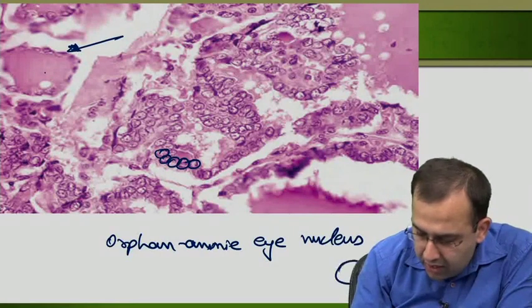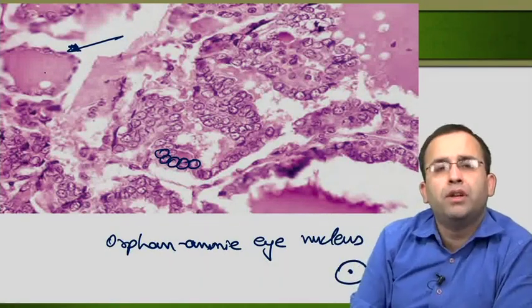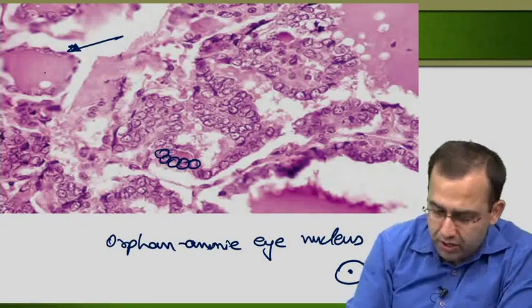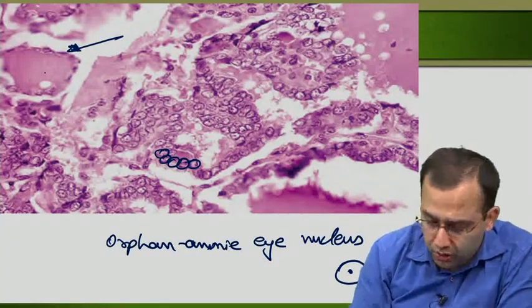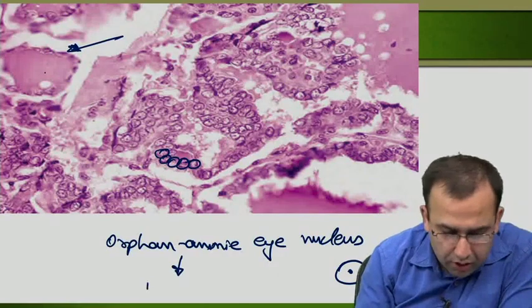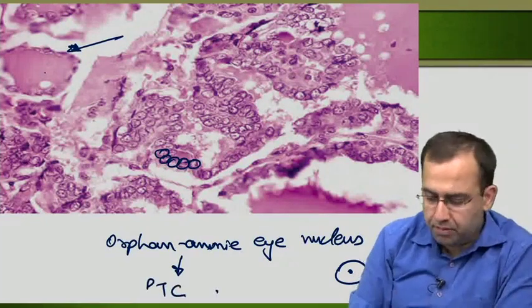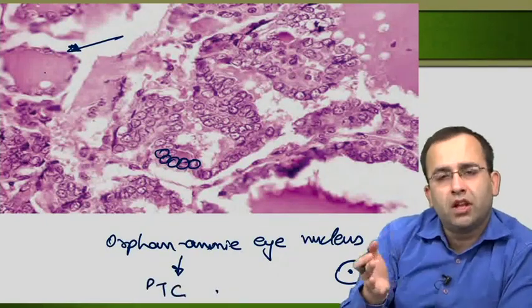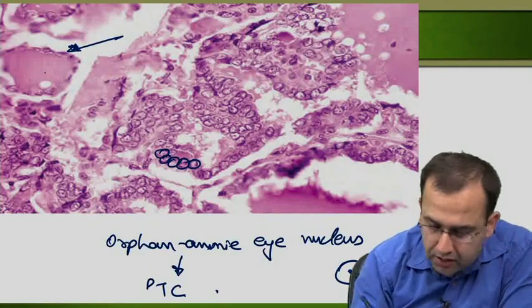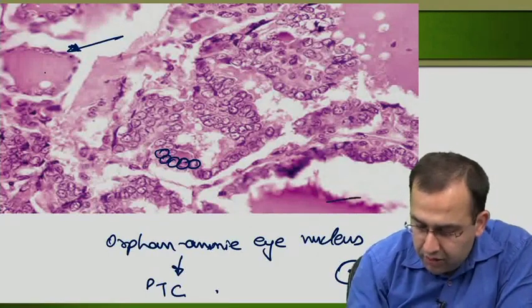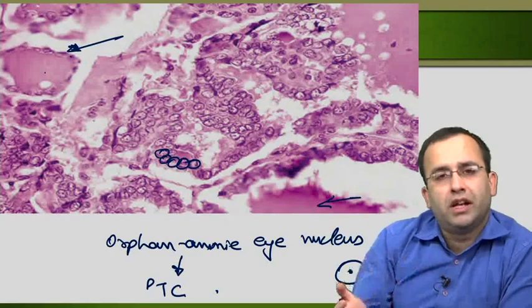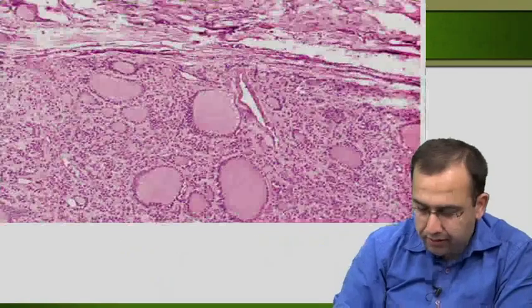It is a large nucleus with prominent nucleolus, which is the diagnostic hallmark of PTC, papillary thyroid carcinoma. You know it is thyroid because of the presence of thyroid follicles with Orphan Annie nucleus, PTC.